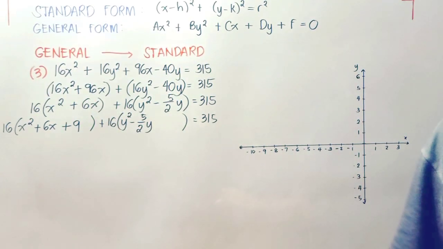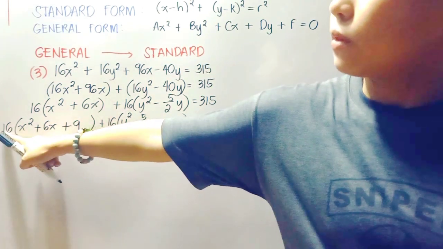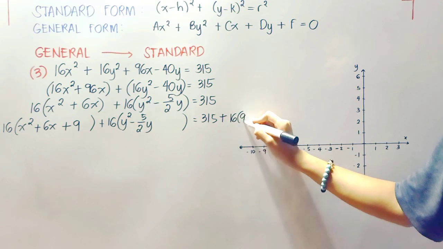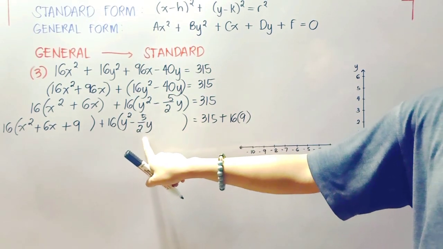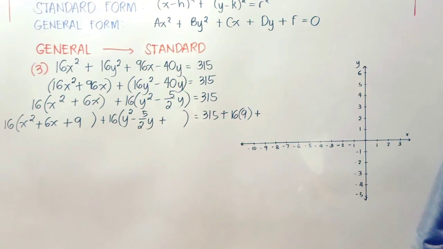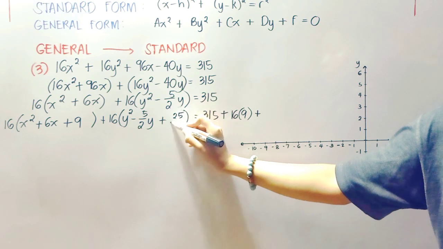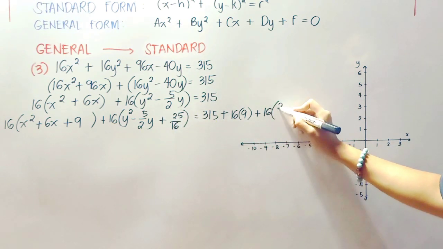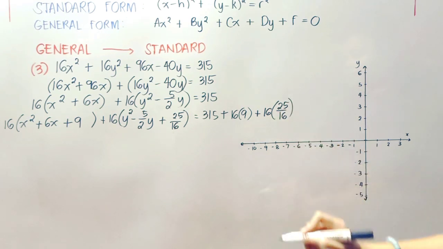Also write on the other side, but remember there's 16 outside, so we have to add 16 times 9. Now in here, input in your calculator -5/2 divided by 2 squared, it will give us 25/16. Again, there's a presence of 16 outside, so we'll do it also on the right side.